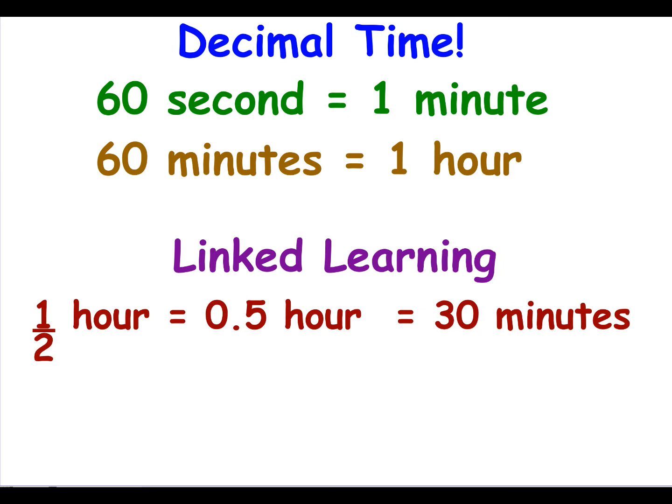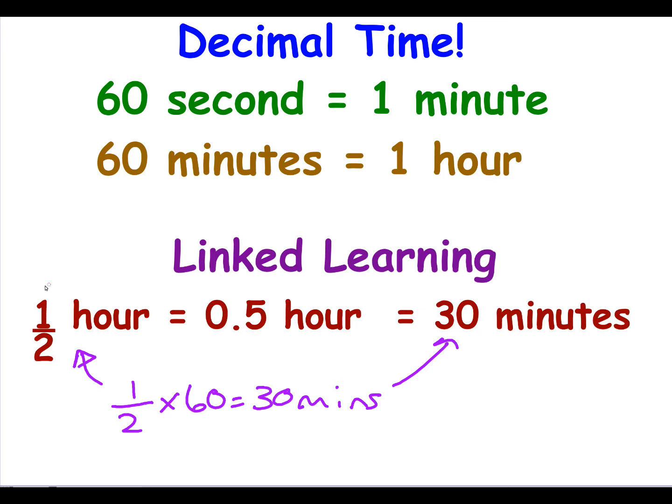Now, something related to a fact we already know, which is there are 60 seconds in a minute and 60 minutes in an hour, means that we can talk about time as a decimal. We already know something from our fractions, and that's half of an hour, which is 60 minutes, is 30 minutes.